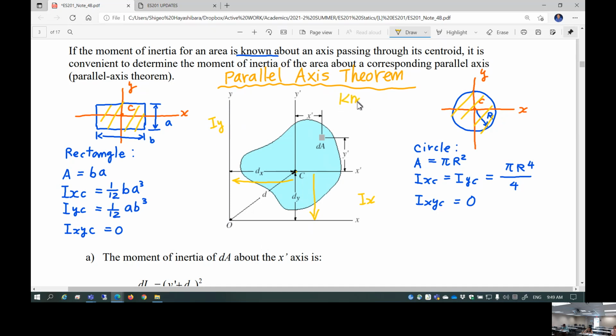So if you know Ix prime, I'm going to use over bar, Iy prime over bar, those are the local moments of inertia.